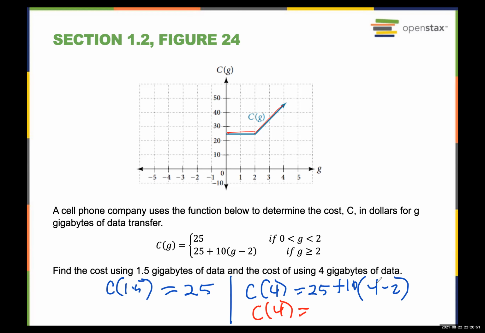So that is 10 times 2 is 20, plus 25 is equal to $45. So these are the answers. Okay. Next one.